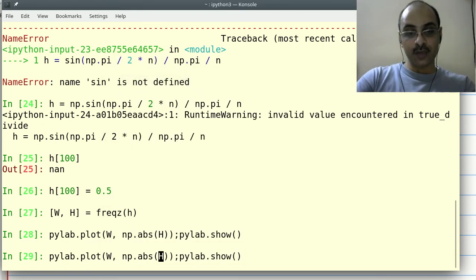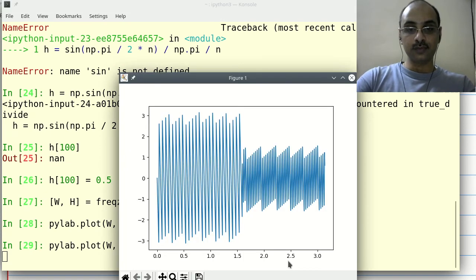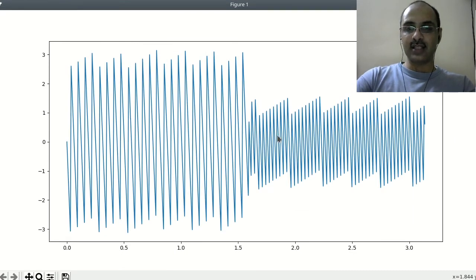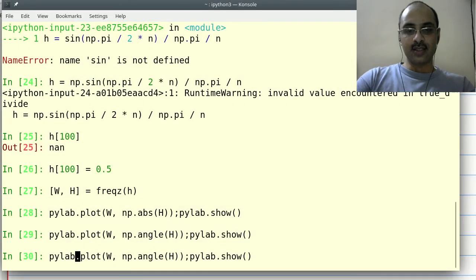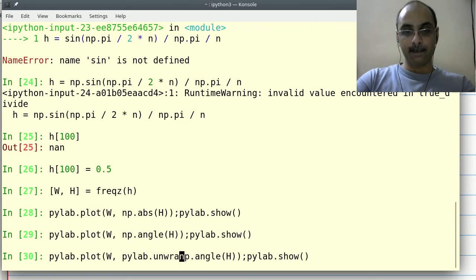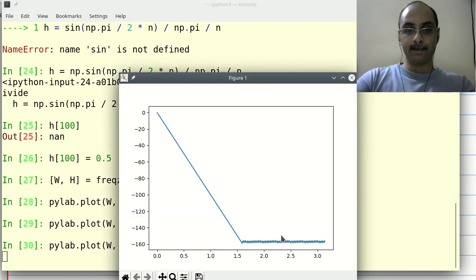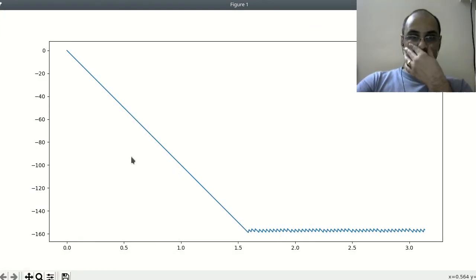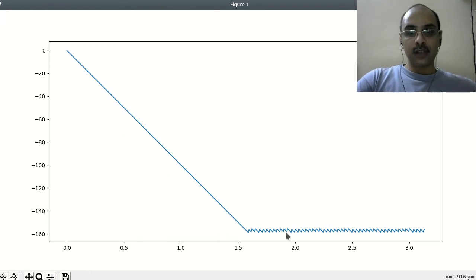Let's look at the phase. We get lots of lines and lots of squiggly lines. Let's actually use the unwrap trick. If you unwrap, something interesting happens. If you ignore this part, which is actually beyond pi by 2, the stop band of the filter, notice a beautiful straight line.